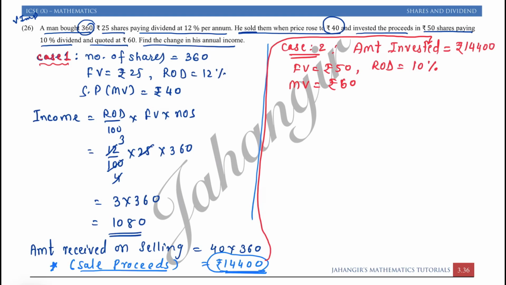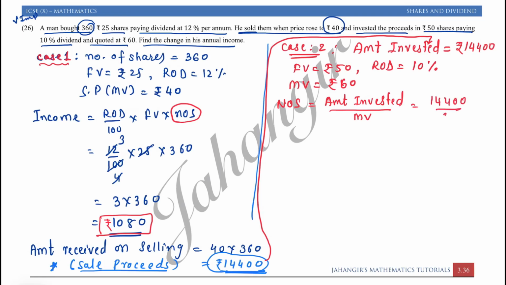In the first case, we know the income is 1080. Now we have to find income in the second case. To find income we need the number of shares. Number of shares is equal to amount invested upon market value, so 14,400 upon 60.